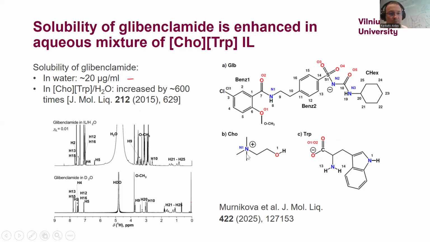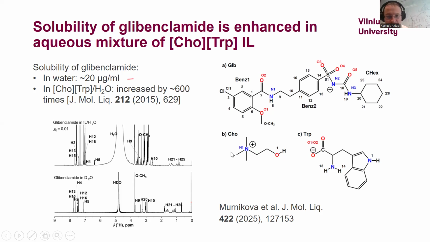So if you have a mixture of choline tryptophanate with water where the molar part of the ionic liquid reaches, I think it was 10%, then the solubility of glibenclamide rises by around 600 times. So this is a significant increase in aqueous solubility of this particular drug.